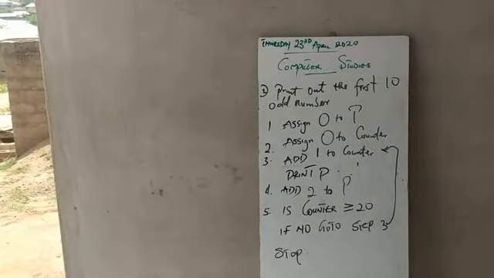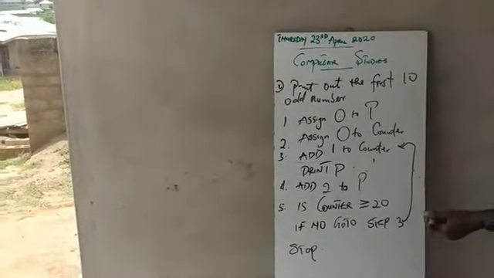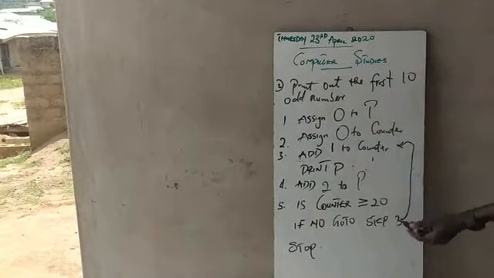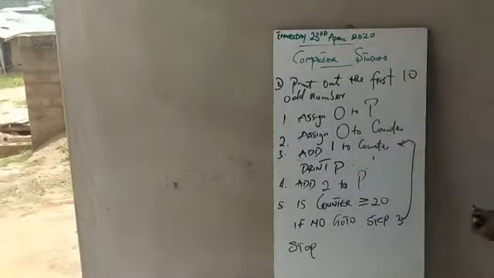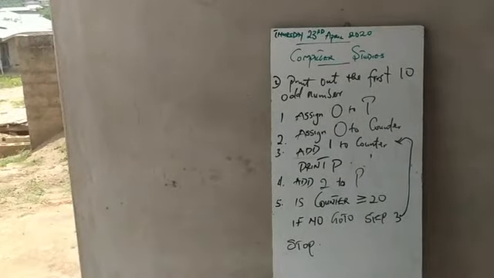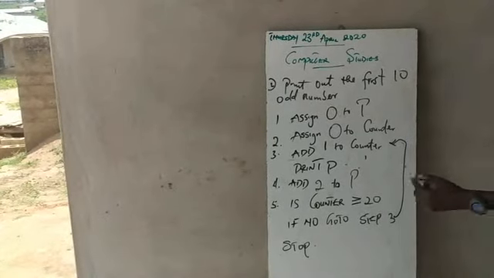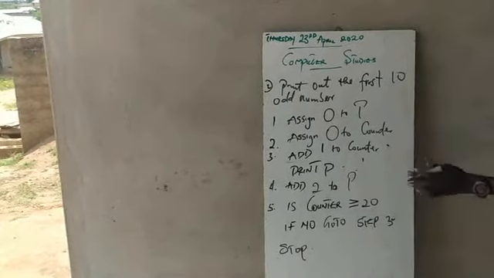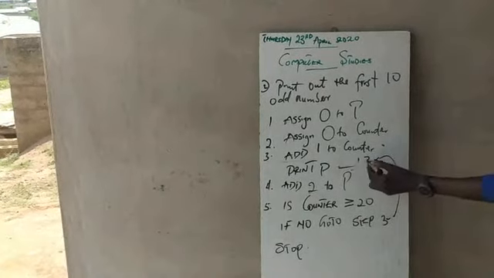So by going back to step 3, you add 2. You repeat the same step. So at this point, if you print P, it will now be 3.